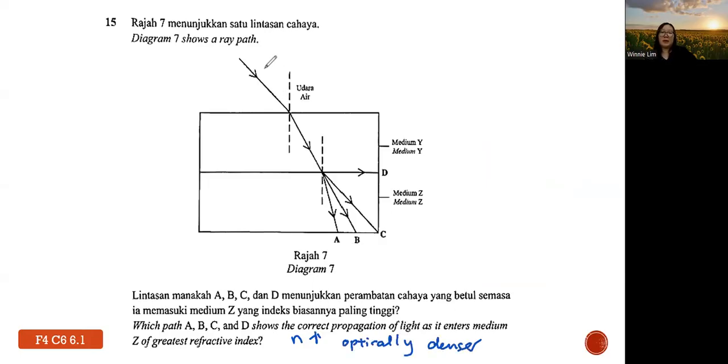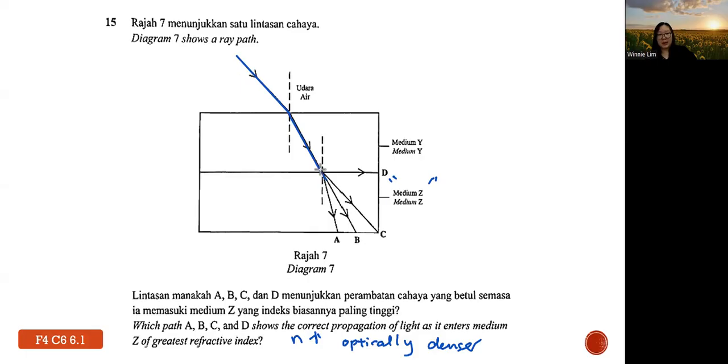So air is less dense than medium Y, which is denser, but Z has the highest density. When a ray travels from a less dense medium to a denser one, it will bend towards the normal. Like in this case, air to Z, if there is no bend, they will just go straight, right? So they bend towards the normal line.